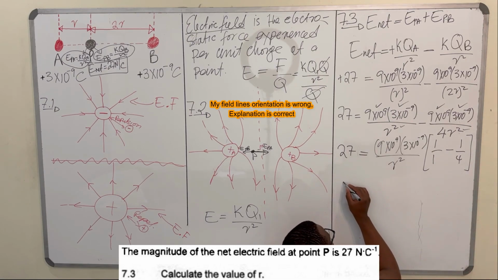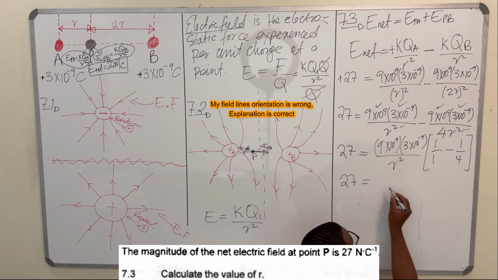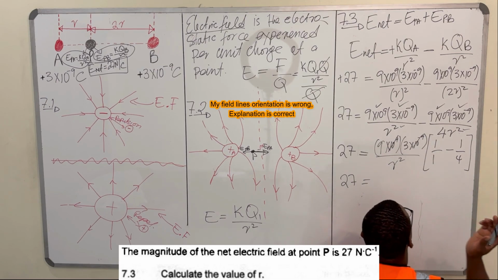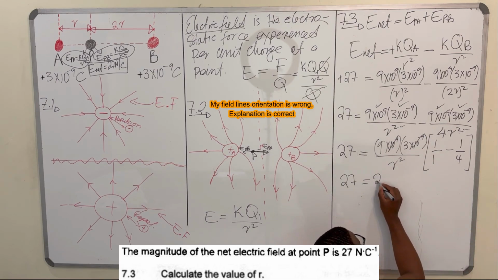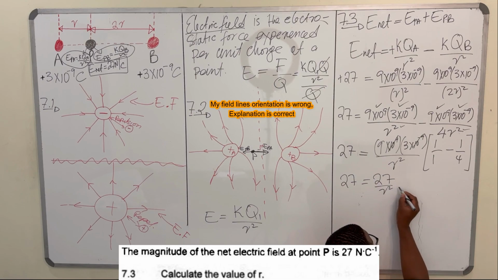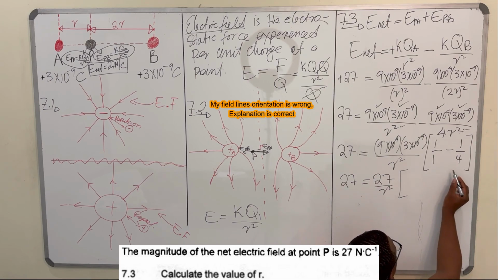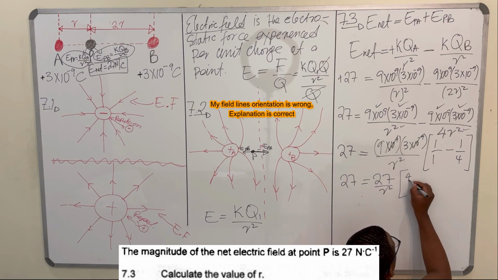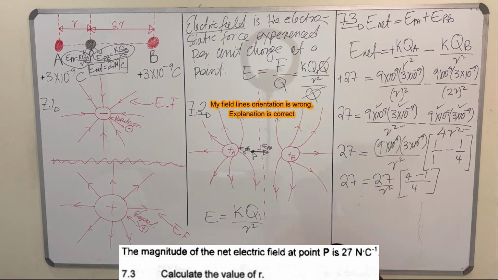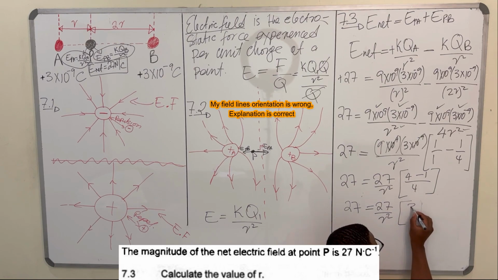So 27 is equal to, you can see that this and that will make up 1. So I'm left with 27 over r squared into this, which is 4 minus 1 over 4. So you are left with 27 is equal to 27 over r squared times 3 over 4.